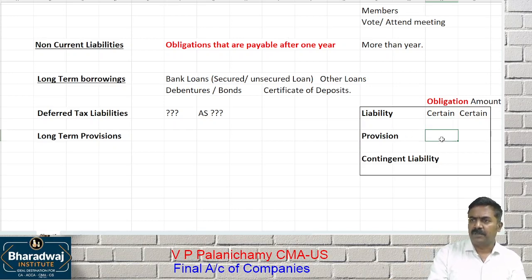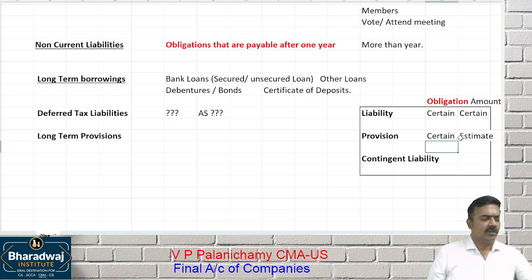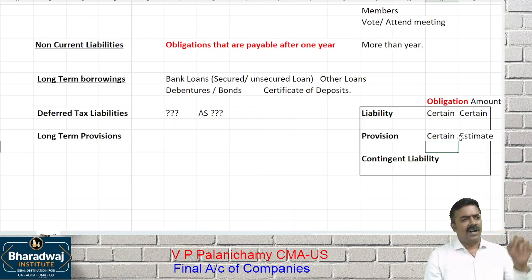What is a provision? The obligation is certain, but the amount is uncertain. It is an estimate. For example, an employee joined the company today. She will retire after 25 years. At the time of retirement, we have to pay gratuity, leave encashment, retirement benefits.